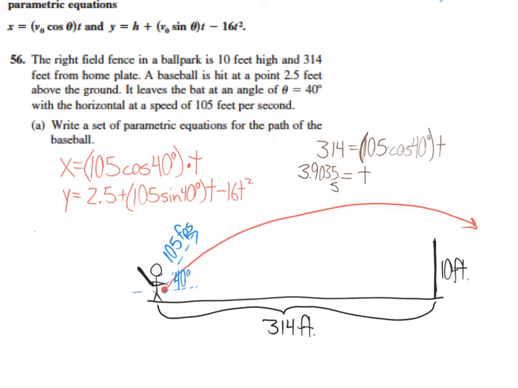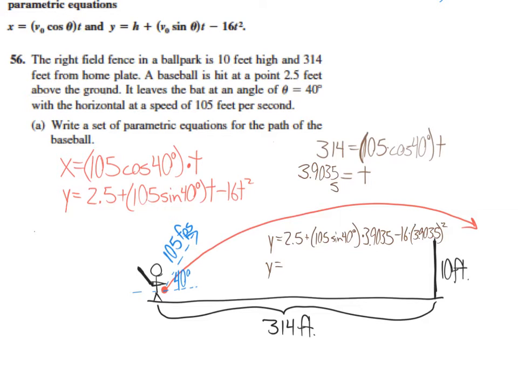So we plug that value into the y equation, 3.9035 minus 16 times 3.9035 squared.